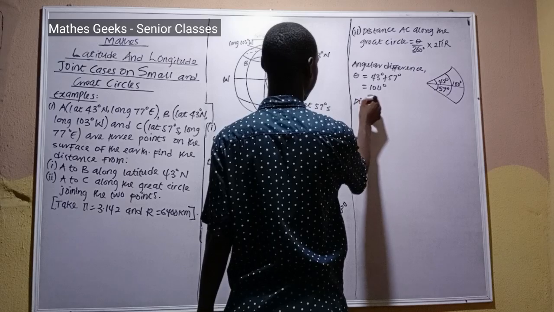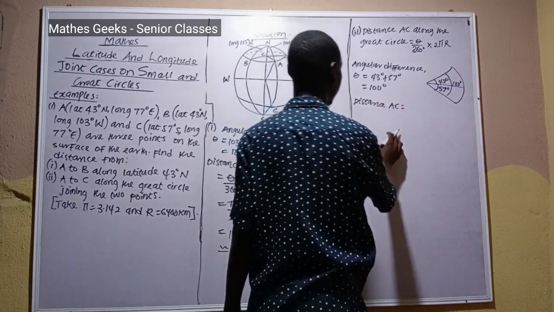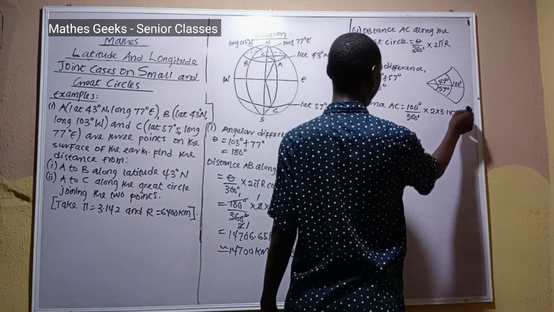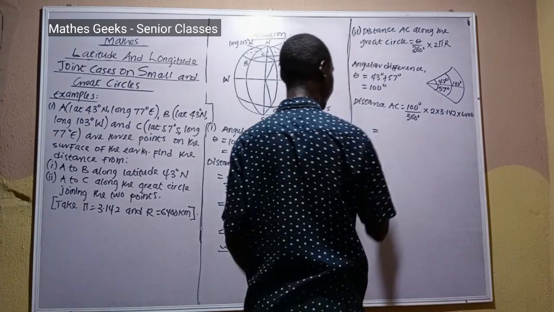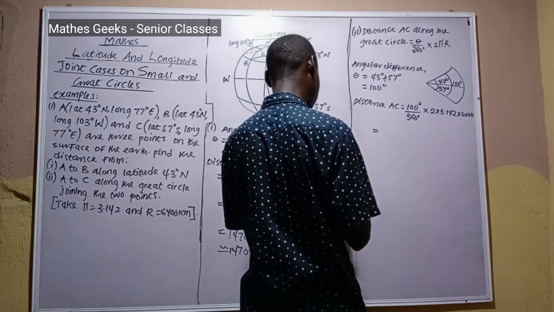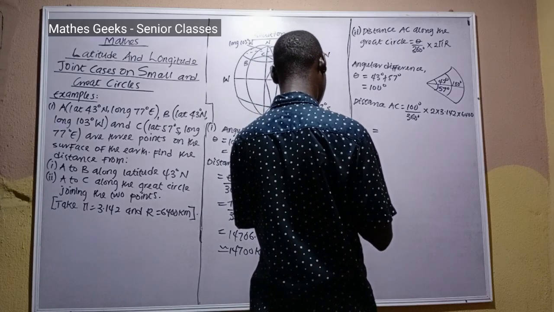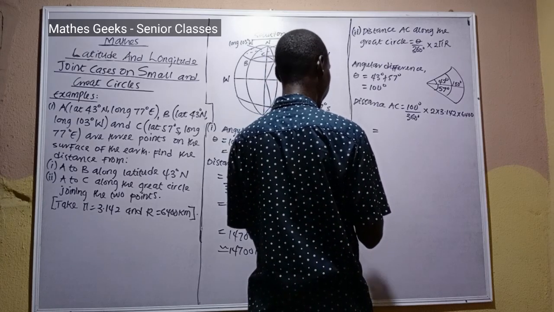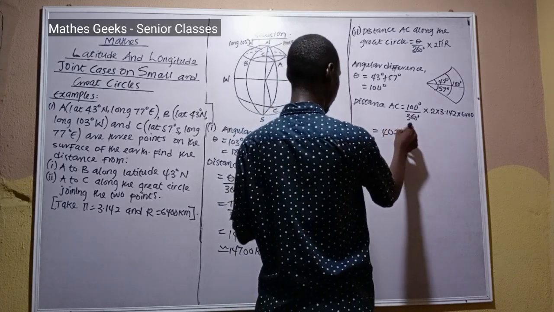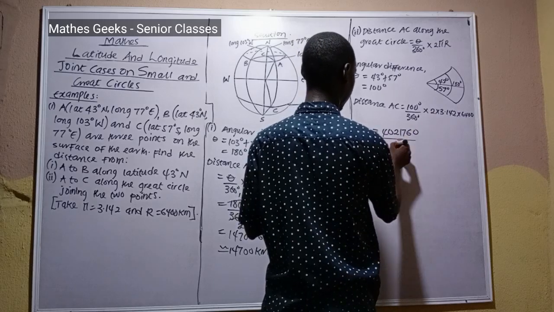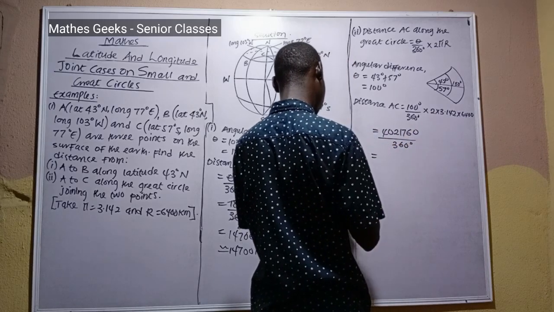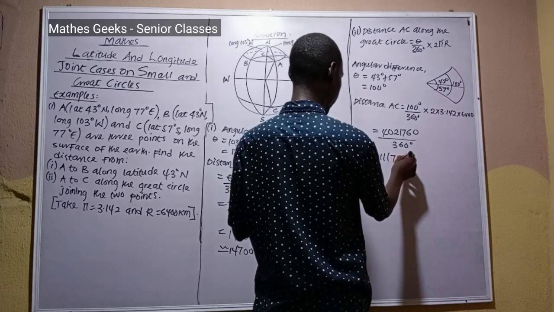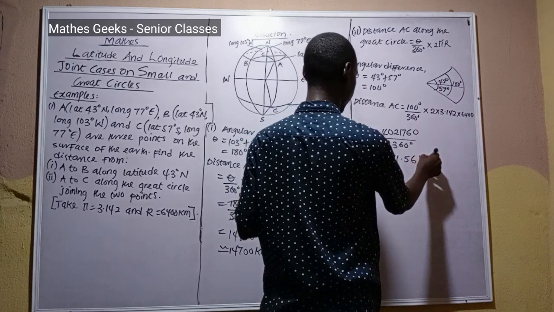So we have distance AC equal to 100 over 360 degrees times 2 times 3.142 times 6,400, which gives 11,171.56 kilometers.